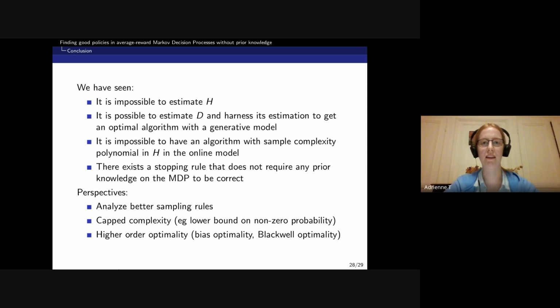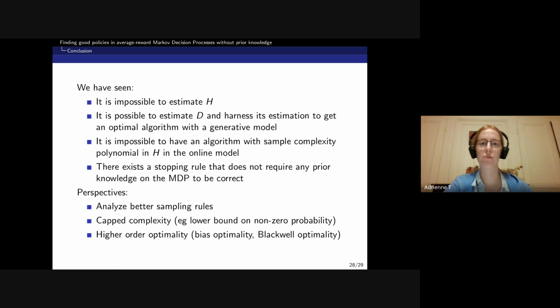And finally, something that I'm starting to look into is, so far we've looked at gain optimality. So we're trying to optimize the gain in the long run. We're trying to optimize the reward in the long run. But maybe there are two policies that are gain optimal, that will give me great wealth in 1,000 years. But maybe I also want to have my good rewards right now. And all my policies that are optimal in the long run might not be optimal in the short run. That's what we call bias optimality, wanting policies that are not only optimal asymptotically, but also right now.